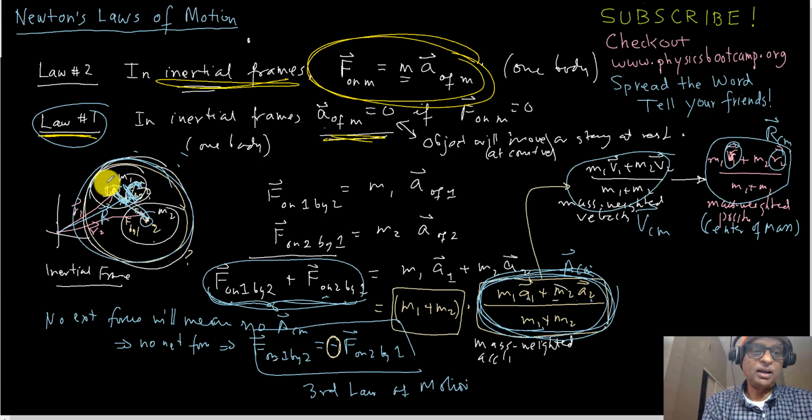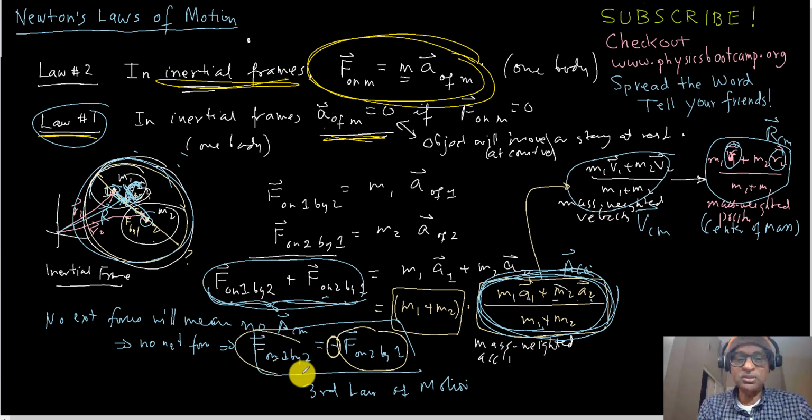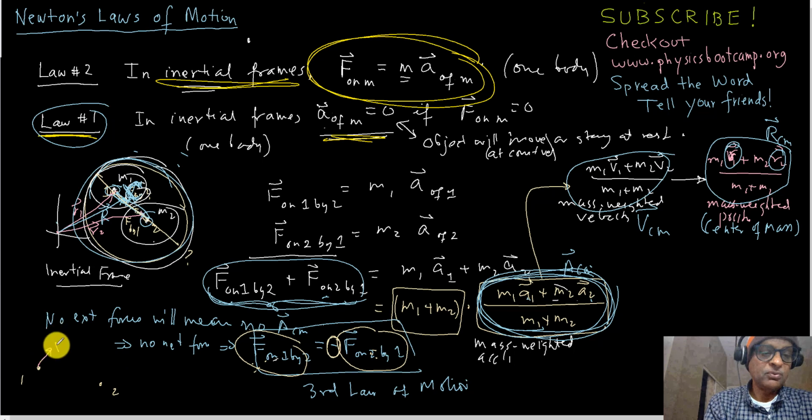Now I drew the forces along the line joining them, but there's no requirement for that. There's no restriction on the direction of these forces, except that they're opposite to each other. Which way they point in space doesn't matter. So if this is 1 and this is 2, maybe F on 1 is that way by 2.